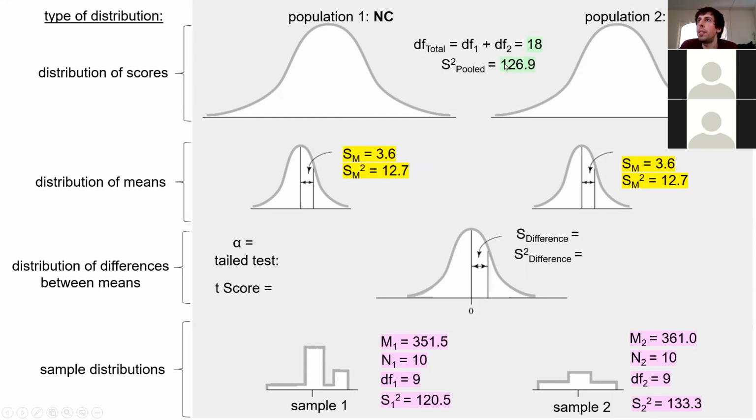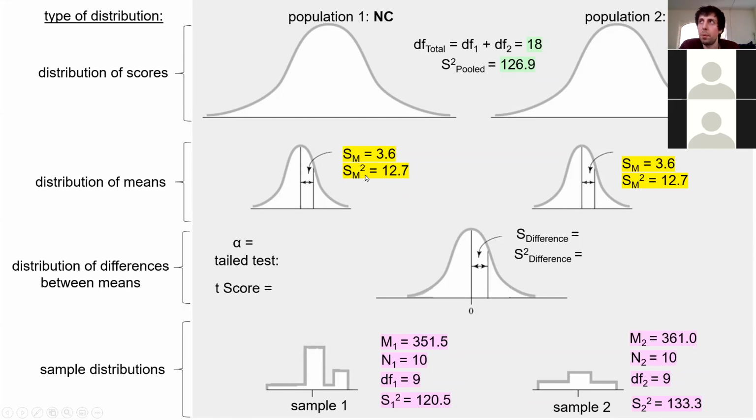And we use those two bits of information to calculate these values for our distributions of means, which are sampling distributions of these populations. We calculated this one in the previous part of the problem, the variance of this distribution, which was 12.7 for both.